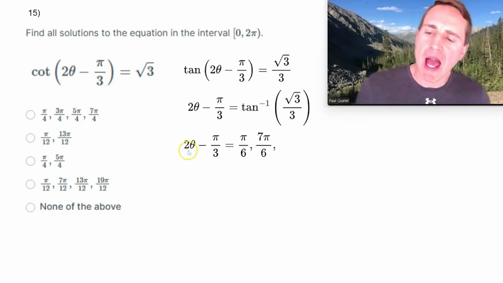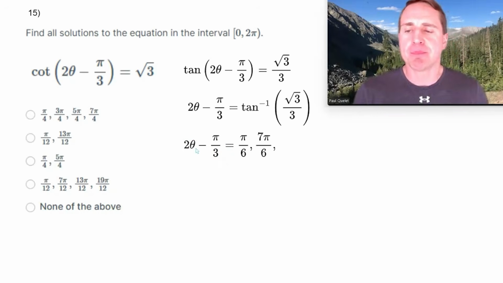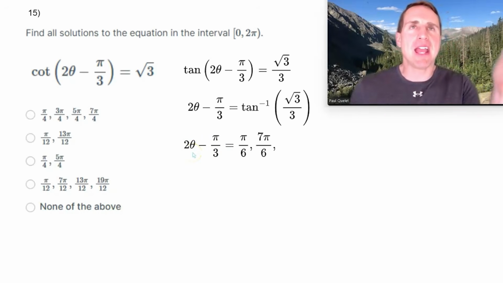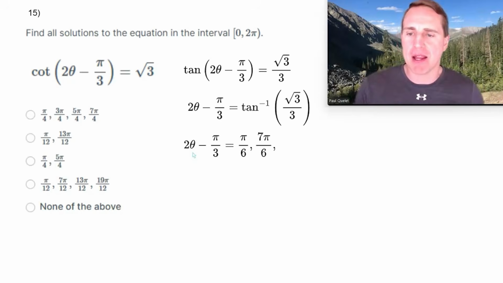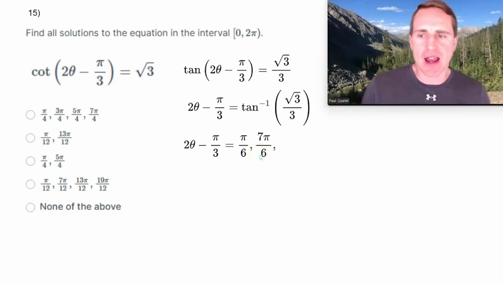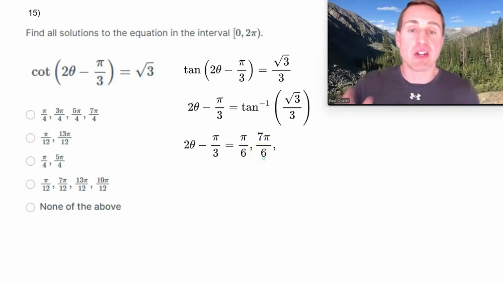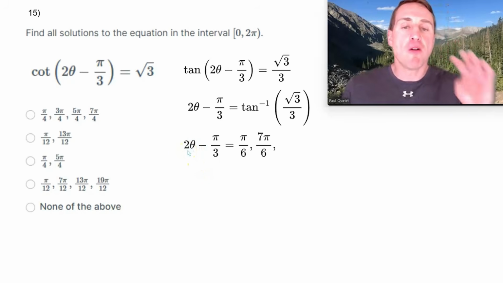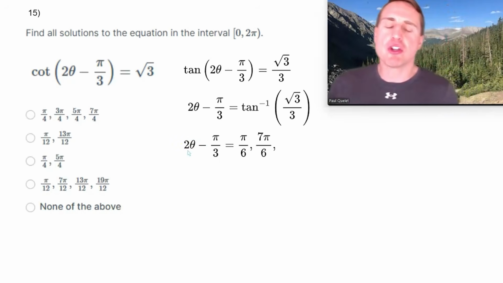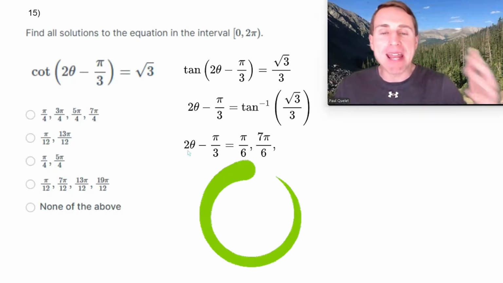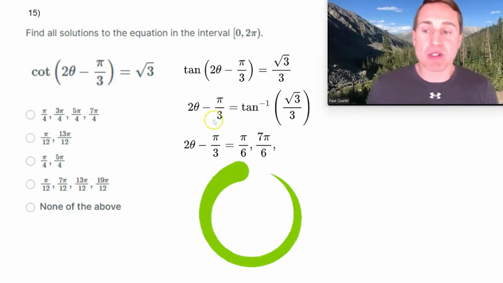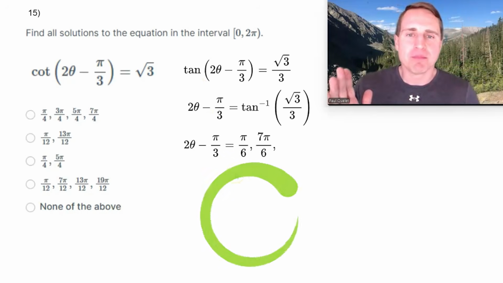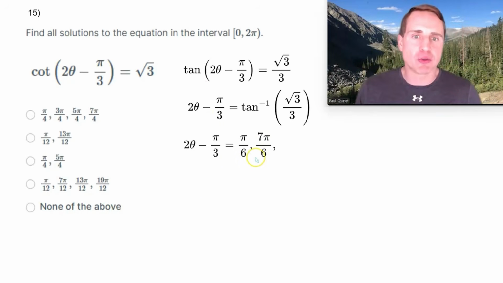Because we have a 2 theta, I think that if we answer right now only between angles of 0 to 2 pi, these would sort of be the fine angles to put down for inverse tangent. But because eventually we're going to divide by 2, anything up to 4 pi, in other words, 2 full revolutions, might end up being wound back, in other words, divided by 2, such that maybe there's more angles we need to include.